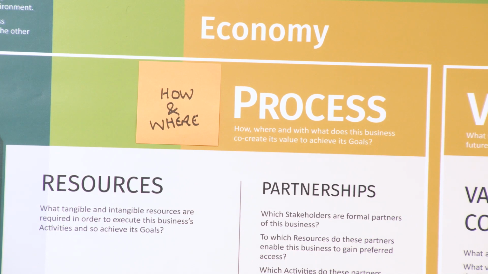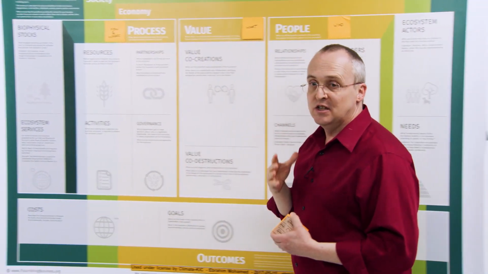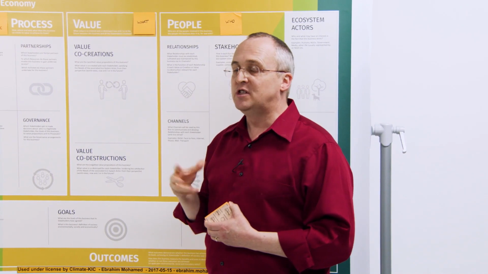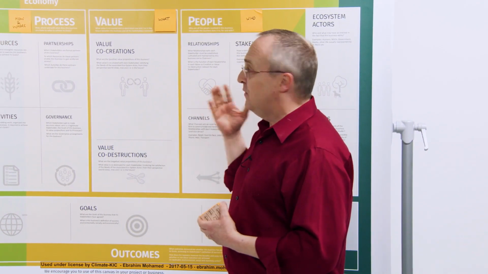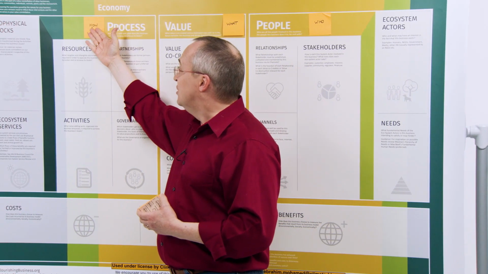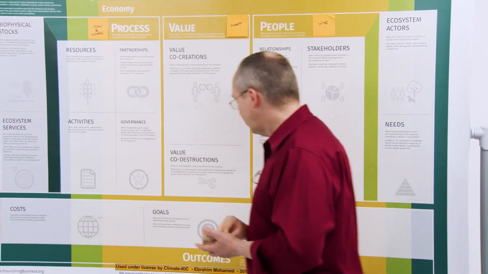The where is something that I want to highlight because, first of all, it's connected to the environment. Things happen in places. It's a distinct difference from what a lot of people have been thinking about in business recently, where there's been a big trend to think about everything becoming virtual, in other words placeless. In our experience, it's really vital to think about how you're going to do it and where that is going to happen. That can make a real difference to your business.